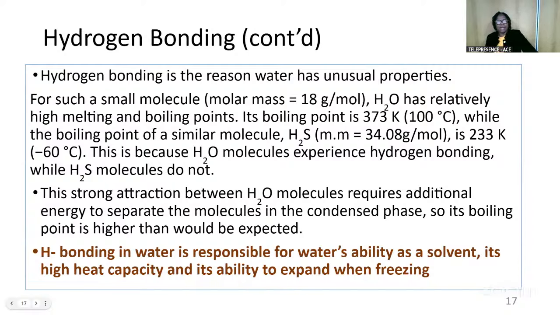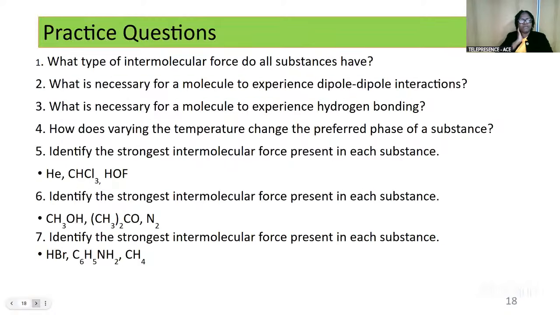And this strong attraction between water molecules requires additional energy to separate the molecules in the condensed phase. So the boiling point is very high. So this is one of the reasons water is a very strong solvent. We refer to it as universal solvent and it has high heat capacity and can expand while freezing.